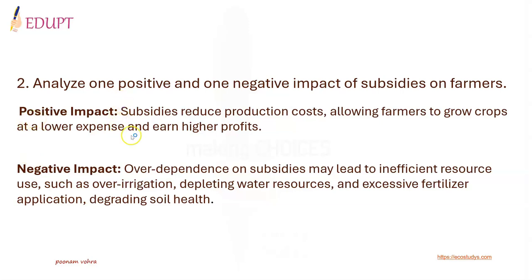The positive impact is that subsidies reduce production cost, allowing farmers to grow crops at a lower expense and earn higher profits. The negative impact is that over-dependence on subsidies may lead to inefficient resource use, such as over-irrigation, depleting water resources, and excessive fertilizer application, degrading soil health.